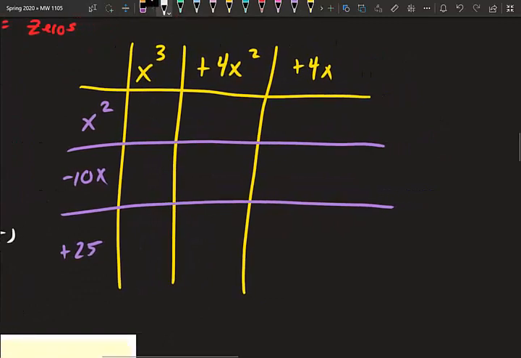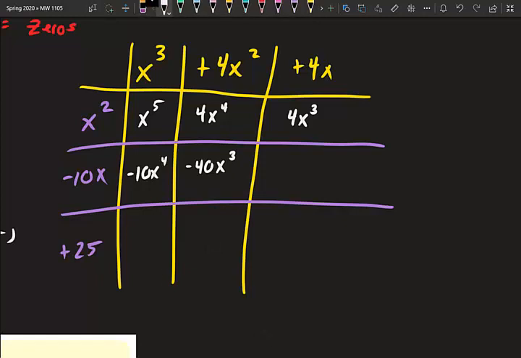So you do x squared times x cubed is x to the 5th. X squared times 4x squared is 4x to the 4th. X squared times 4x is 4x cubed. Negative 10x and x cubed is negative 10x to the 4th. Negative 10x times 4x squared is negative 40x cubed.